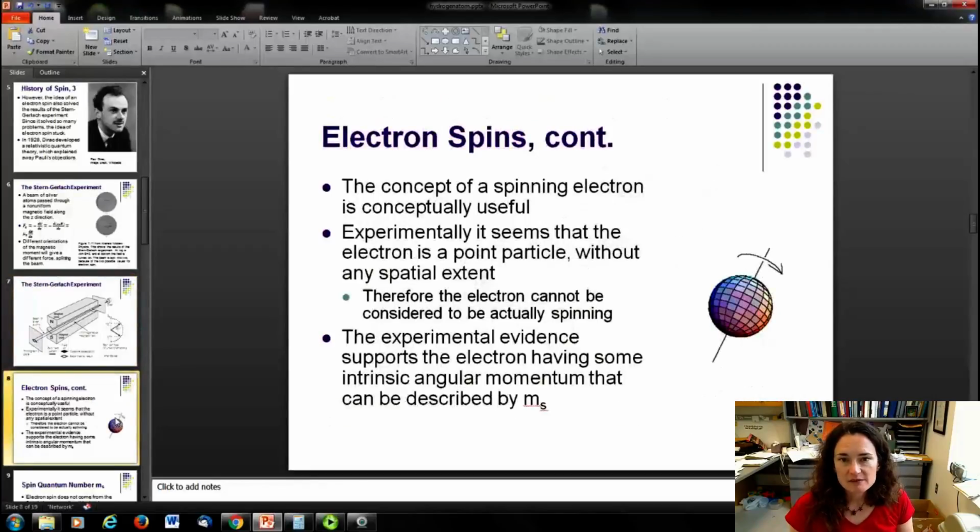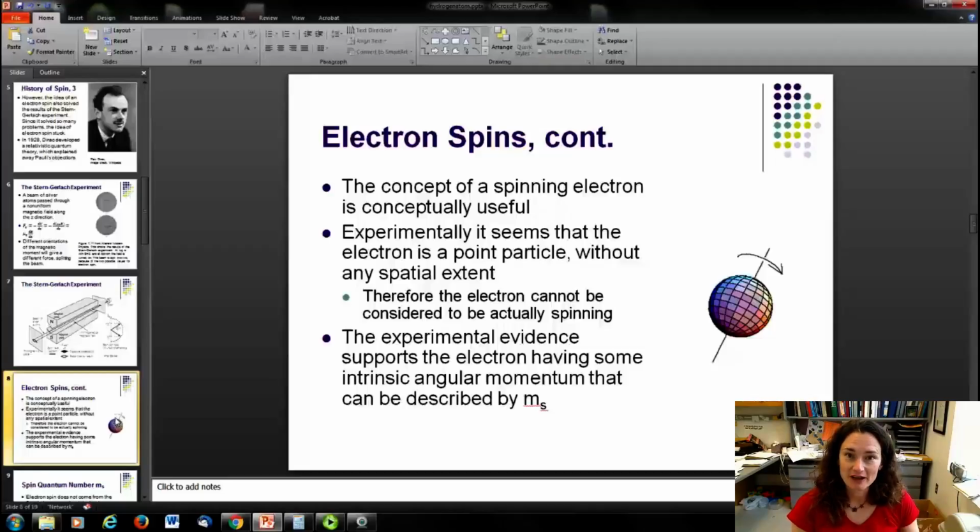Now, the concept of a spinning electron, an electron sitting there and spinning on its own axis, that's conceptually quite useful. But experimentally, as far as we can tell right now, electrons are point particles without any spatial extent. So I'm not sure how something that's got no diameter can spin on its own axis. I don't know.